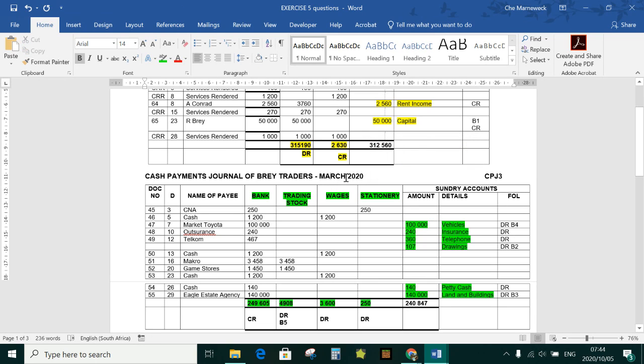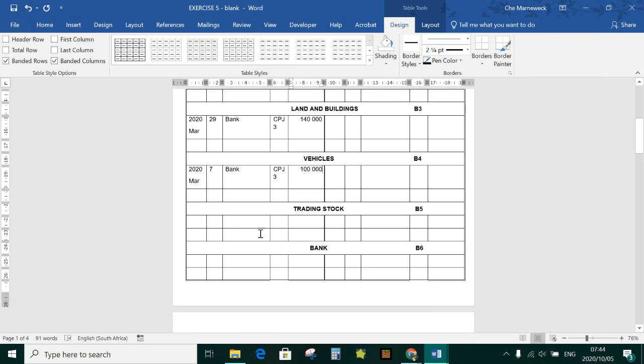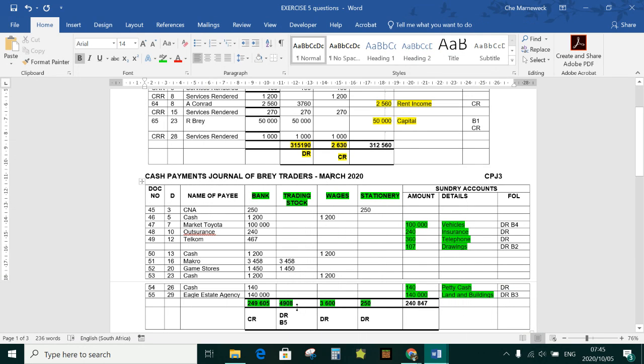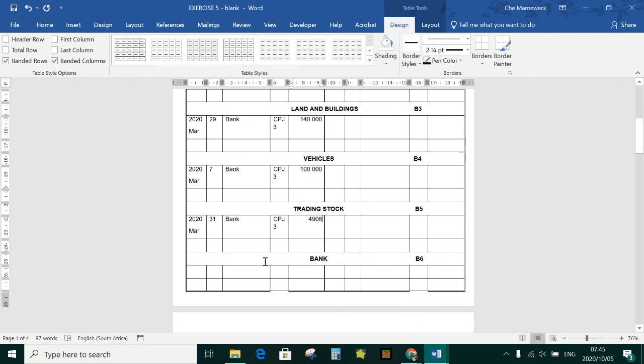So 31 days in March, 4908 on the debit side. 2020, March 31st, and CPJ 3, 4908. Just double check that was 4908. Yeah.